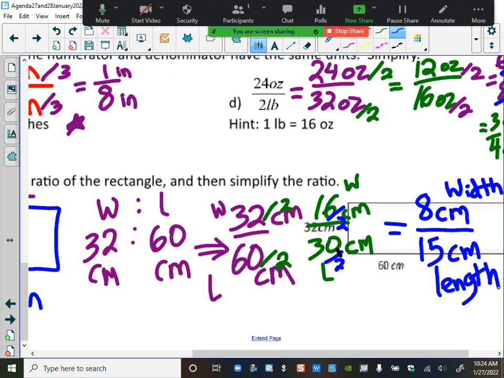But the other thing, too, whenever we're dealing with same units, which may not always be the case, but if we are dealing with same units, we have to include what else? What's the other specifier, the quantifier? What does the 8 centimeters mean? Is it the length or the width?